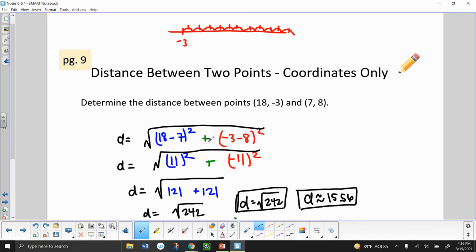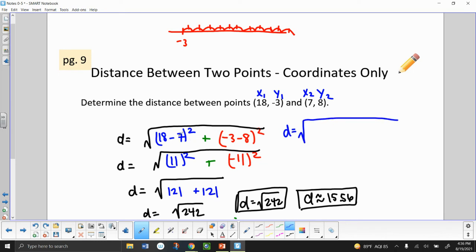Okay, so generally what we did, we basically just came up with a new theorem here, and it's called the distance formula. So if we call this point x1, y1, and we call this point x2, y2, we can find the distance between the 2 points by doing this formula.